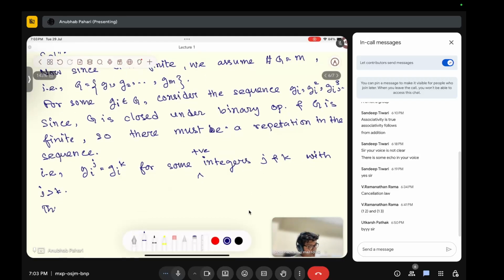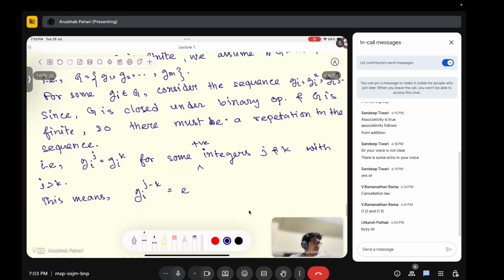This means gi to the j minus k equals e, that is, if you take inverses of gi to the k on both sides and multiply them, it should be e, where e is the identity element, and j minus k is greater than 0.